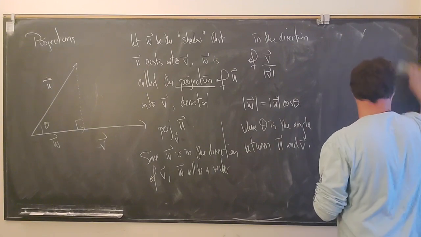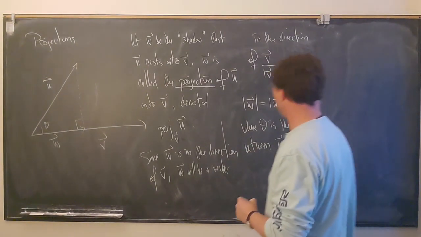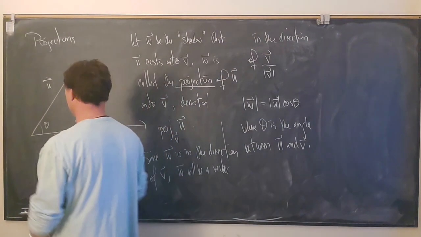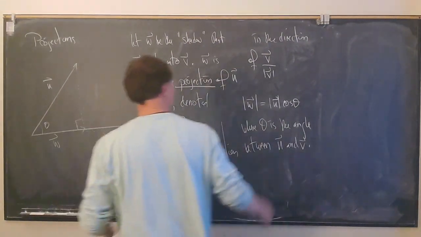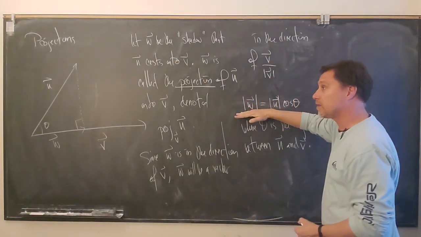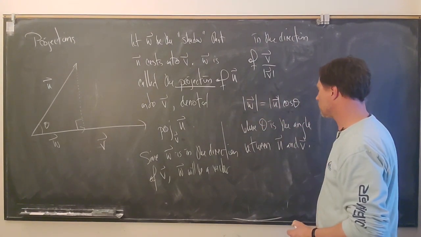All I'm doing here is that cosine is adjacent over hypotenuse. So cosine of theta equals length of W divided by length of U.